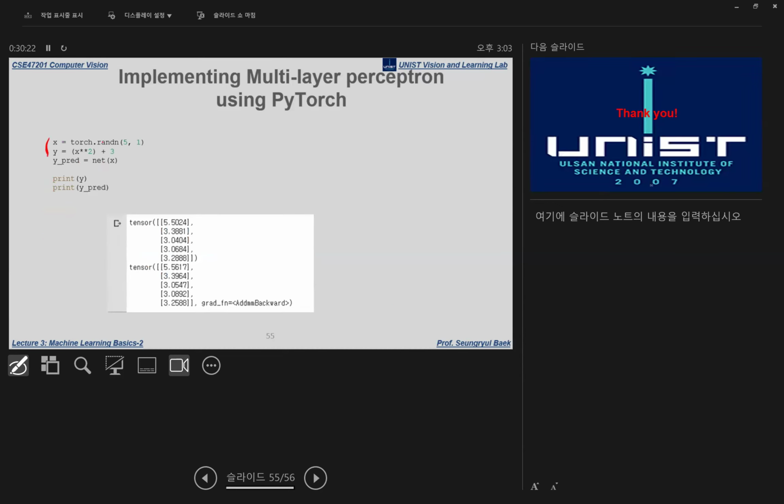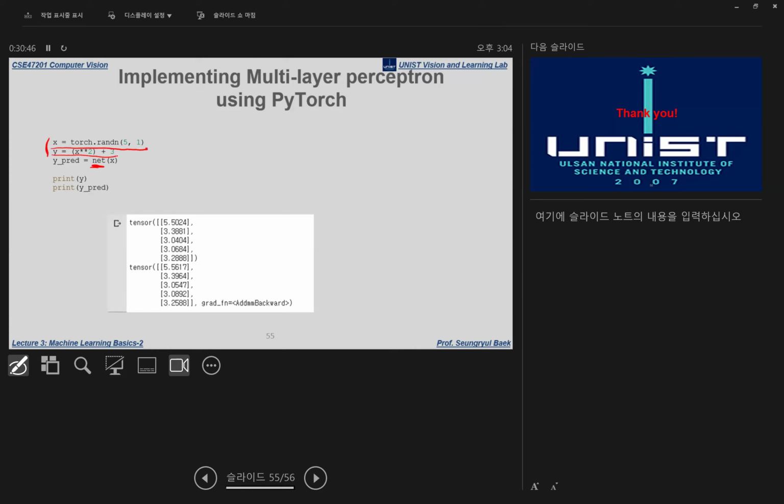And this is the code for doing some testing. You train the net architecture using the code in the previous slide. And after getting the net, which is trained for 10,000 iterations, we will also generate the testing samples.